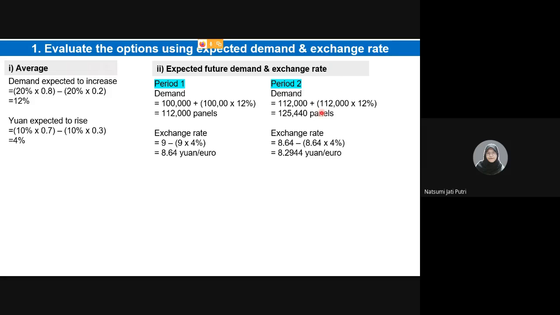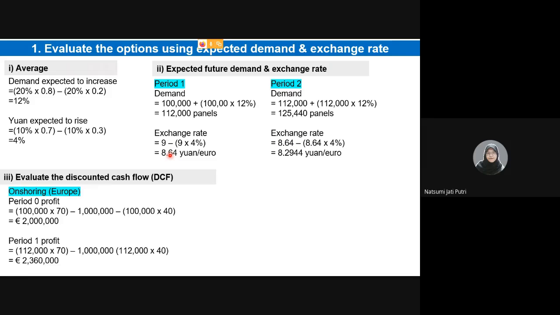For period 2, it is also the same, but here we use the new demand, and for the exchange rate, also the new one. And then we evaluate the discounted cash flow for each alternative.